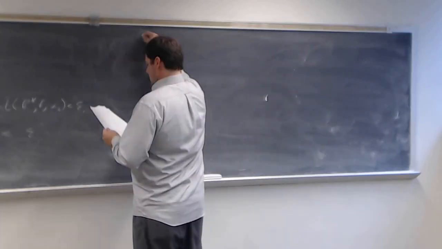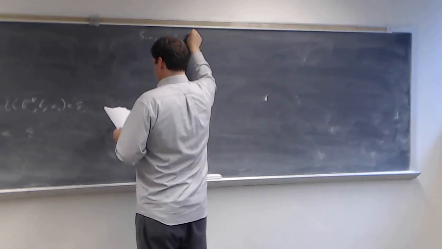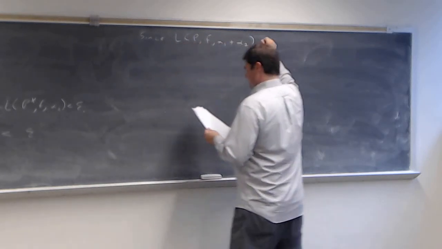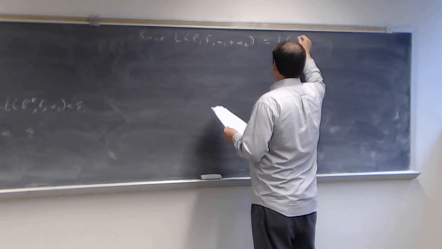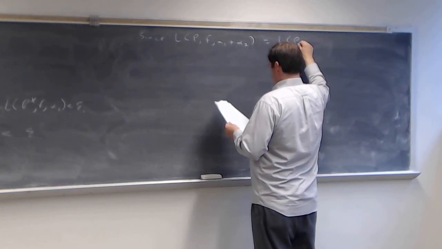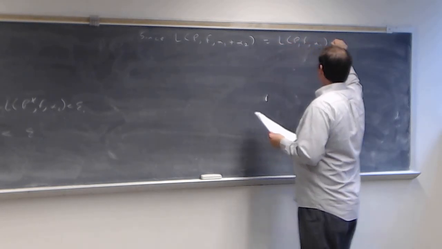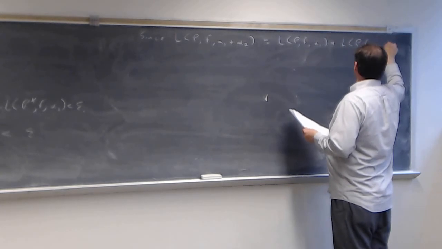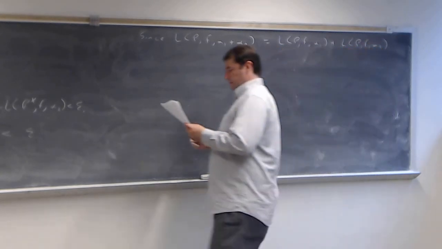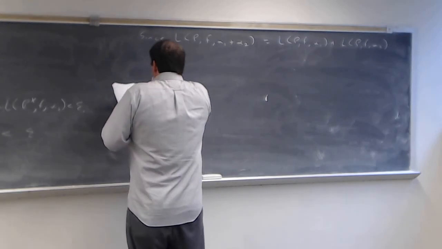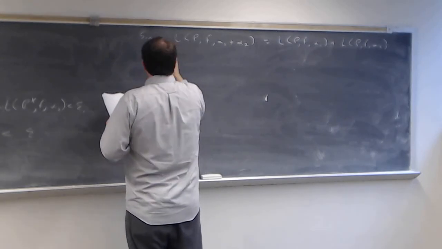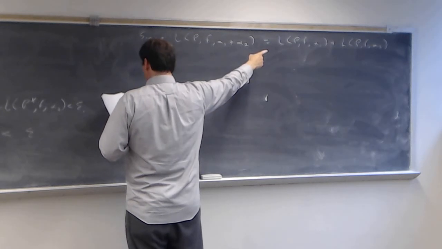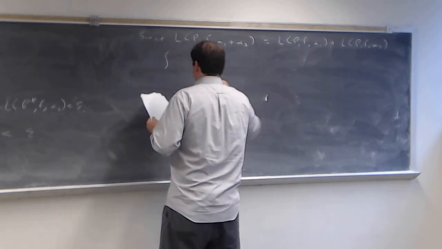Okay, so since this lower sum is equal to the addition of these lower sums, then what we have is that the sup of this is going to be less than or equal to the sup of each one of those two added together.